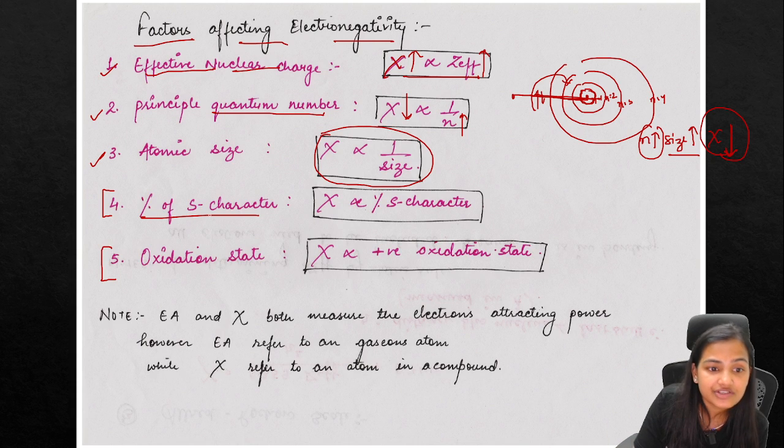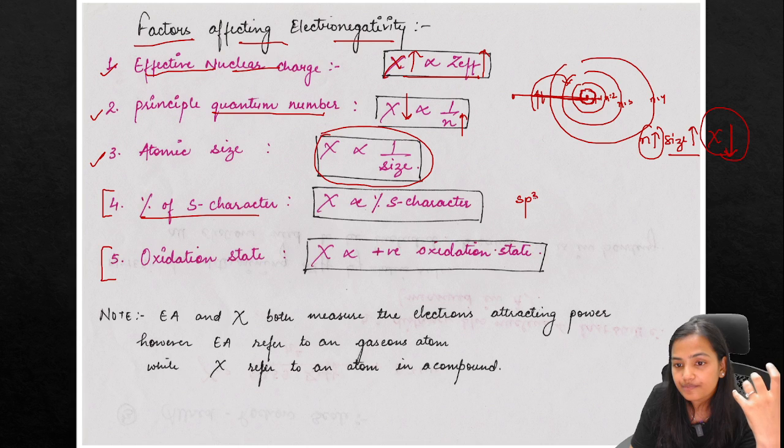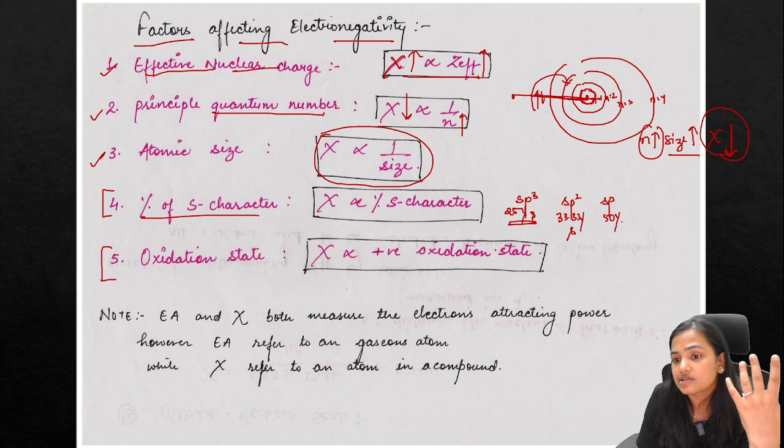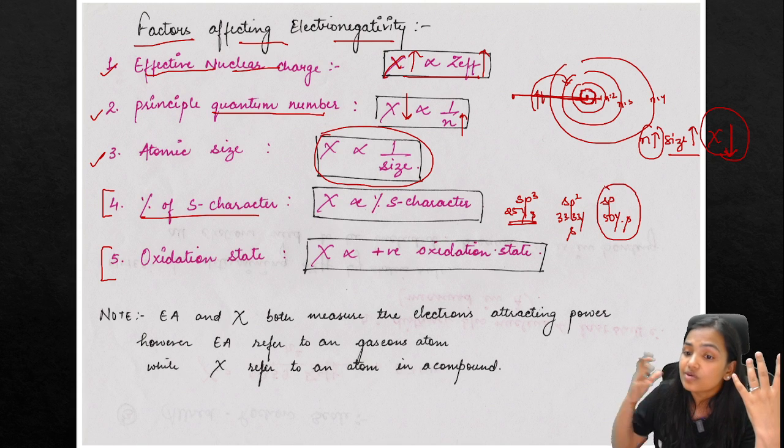As the percentage of s character increases, you know the hybridization, sp3, sp2 or sp hybridization, here you have 25% s character, only 1/4 s is there. Here we have 1/3, means 33.33% s character. Here we have 50% s character. So as the s character increases, this becomes more electronegative.